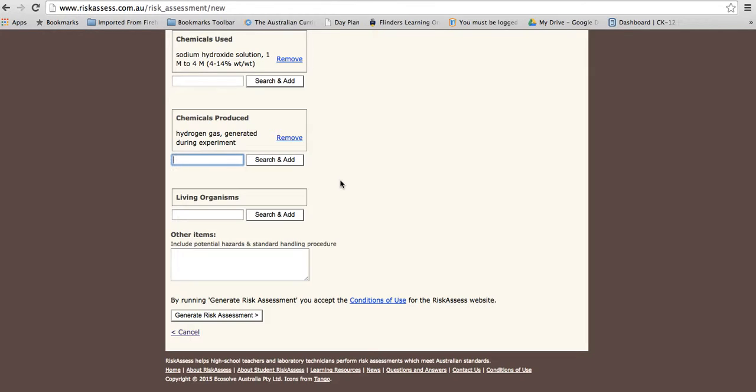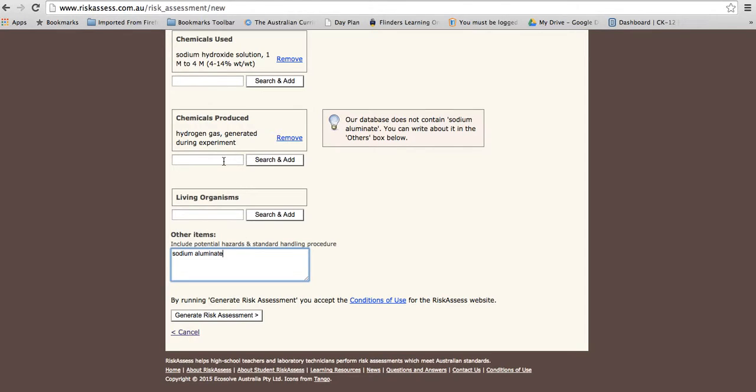And we'd go sodium aluminate. So we'd go sodium. And you'll notice sometimes it doesn't actually have it in there. So this is where you want to write it into the other. And you're going to have to make sure that you've looked at the MSDS for that substance, that you're aware of the risks associated with that.